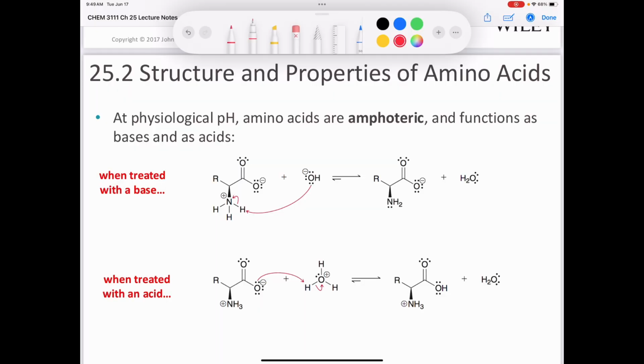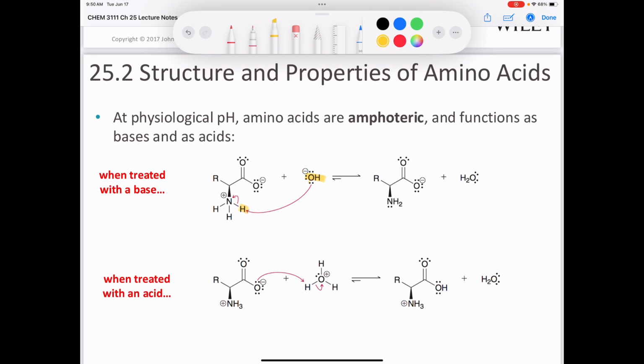Something else that's interesting about amino acids is that they're amphoteric because they can react as either an acid or a base depending on the situation. So if you take an amino acid and you treat it with a base, like a hydroxide shown here, the amino acid is going to function as an acid by donating a proton from your protonated amine.